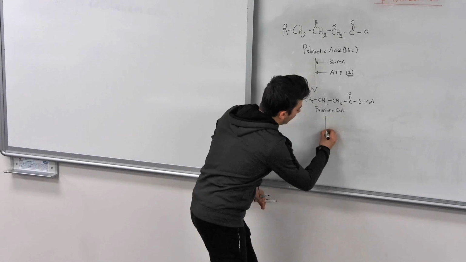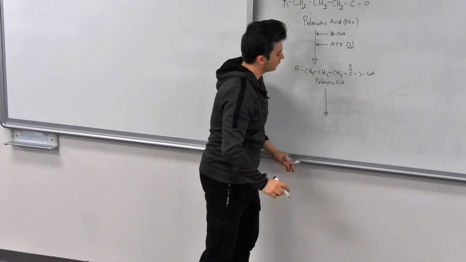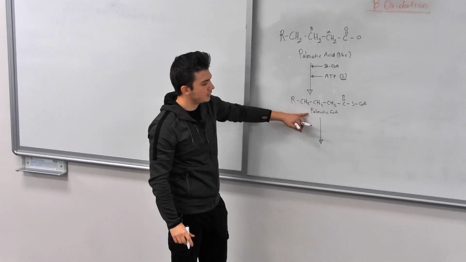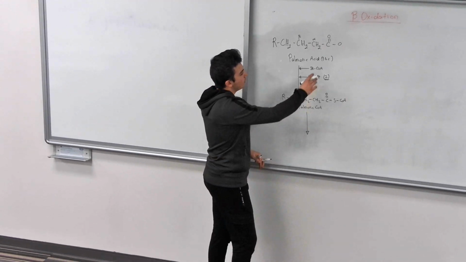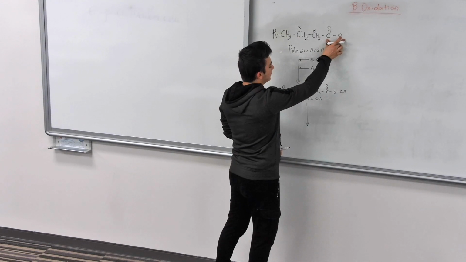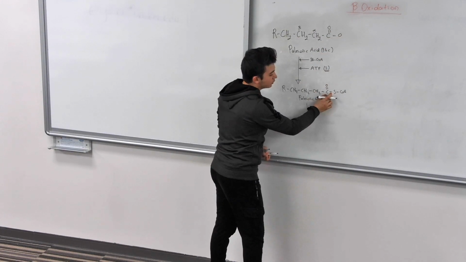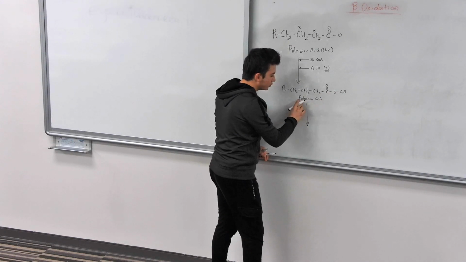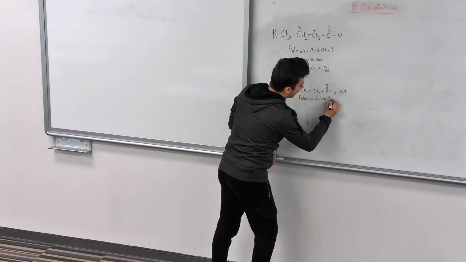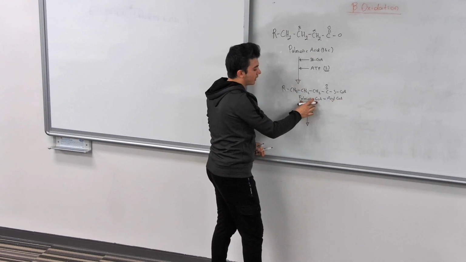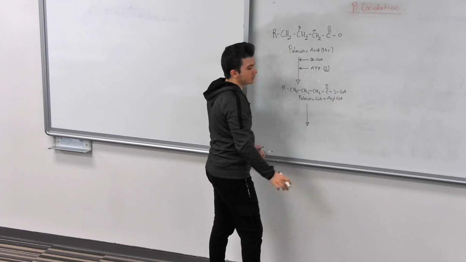Let me show you how this is happening. First of all, I need an enzyme, but what is this molecule? Before this step, I had a carboxyl group, but now I have an acyl group, right? So it's palmitoyl coenzyme A, and it's also an acyl coenzyme A molecule.